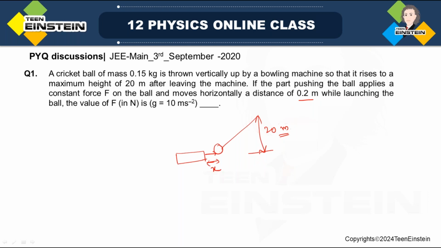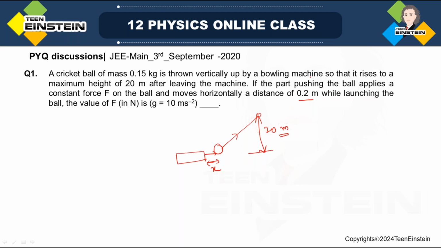So what is the force here? You have to first recognize the problem with which concept you have to do. See, this ball is given certain force. That means it has certain initial velocity. With that, it is moving up to certain height.